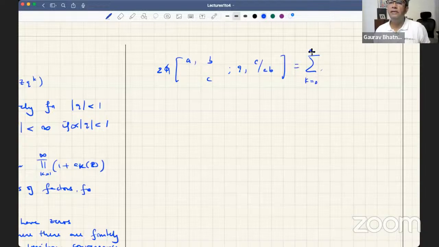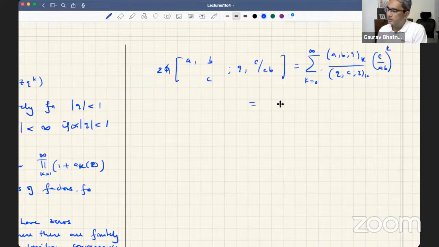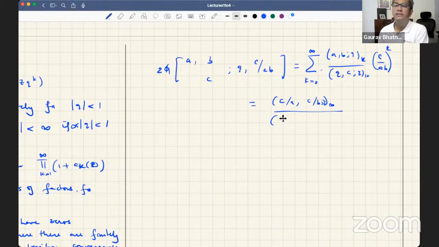So this is the sum, k going from 0 to infinity, of (a; q)_k (b; q)_k over (q; q)_k (c; q)_k times (c/ab) raised to the power k. And this was equal to (c/a; q)_infinity (c/b; q)_infinity over (c; q)_infinity (c/ab; q)_infinity, valid for |c/ab| less than 1 and |q| less than 1.